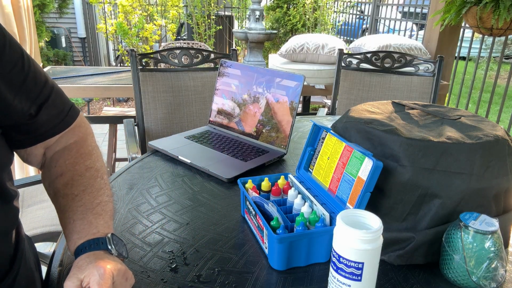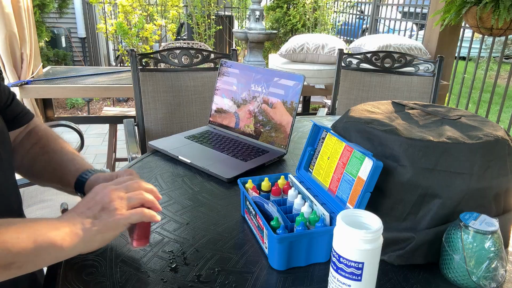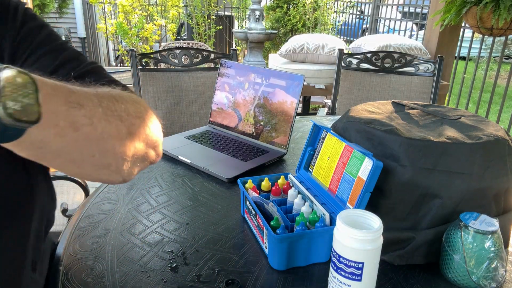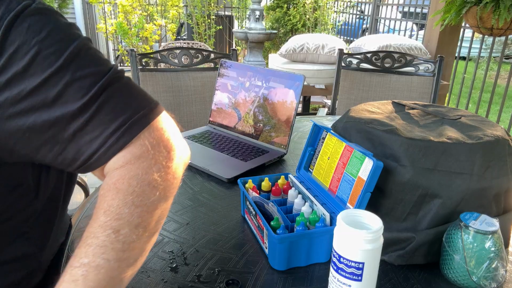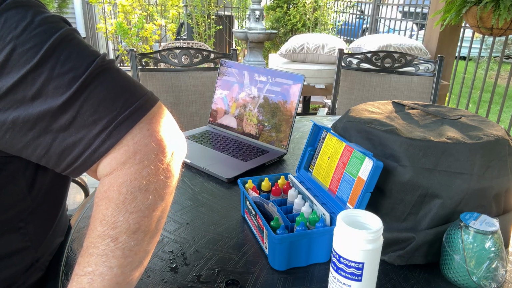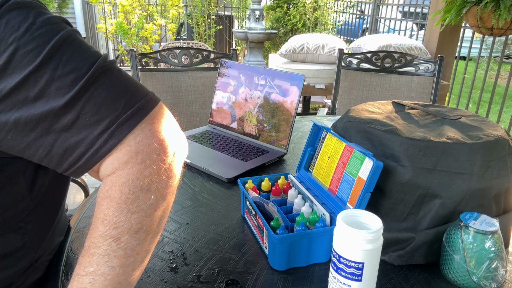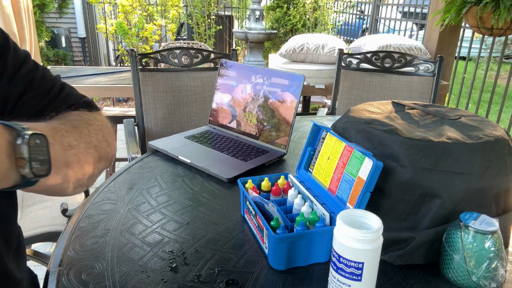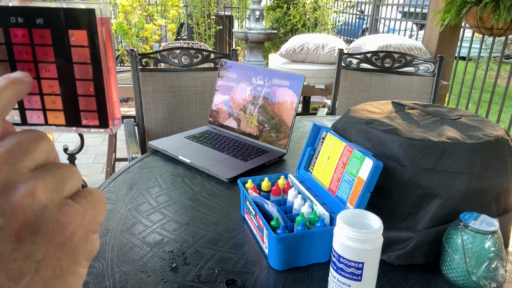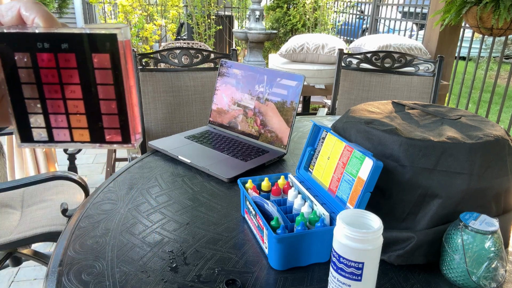I'm going to invert it to mix a few times. Let's take a look at that pH number. I'm going to look at it first in the sun. I'm getting a 7.6. Well, you guys see what you think? I'm thinking it's right around 7.6 right here.